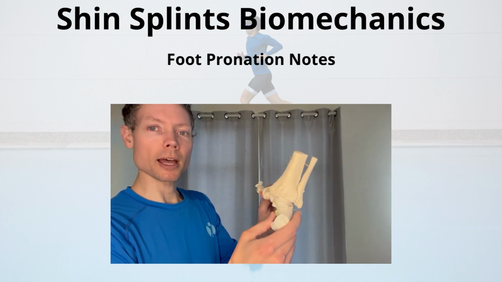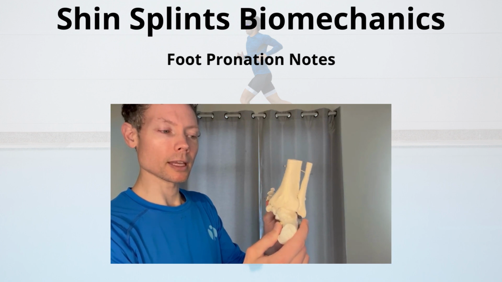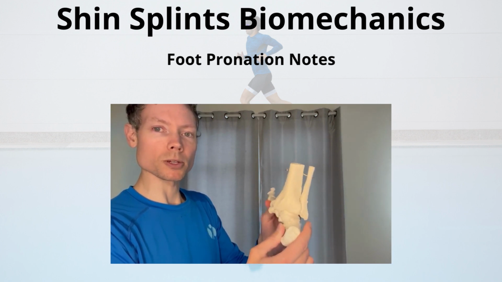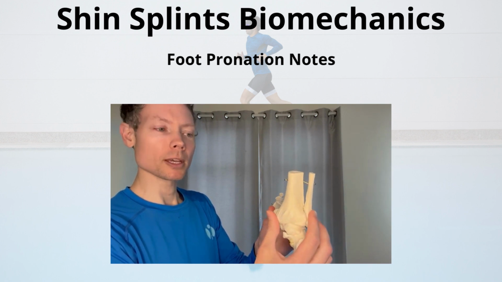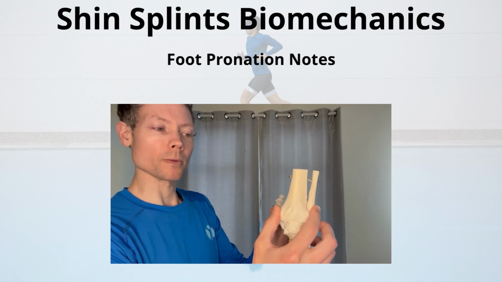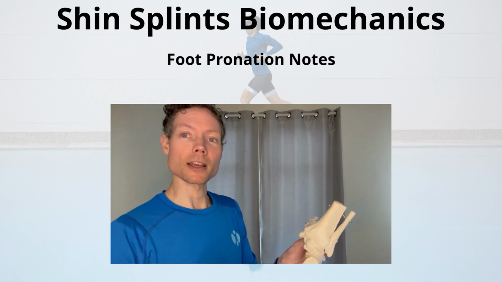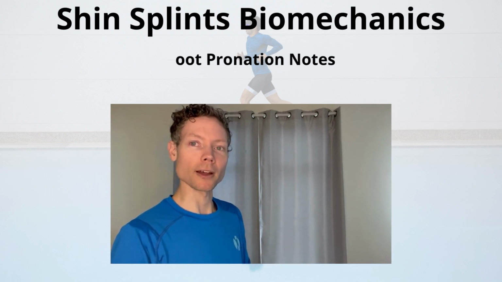And at the same time, the heel is going to evert and internally rotate. And so it's a combination of those planes of motion that result in pronation. And so when that occurs, the arch drops, the tibia and fibula rotate down and in, and you get ideally a nice soft cushion to help absorb impact every time your foot hits the ground.